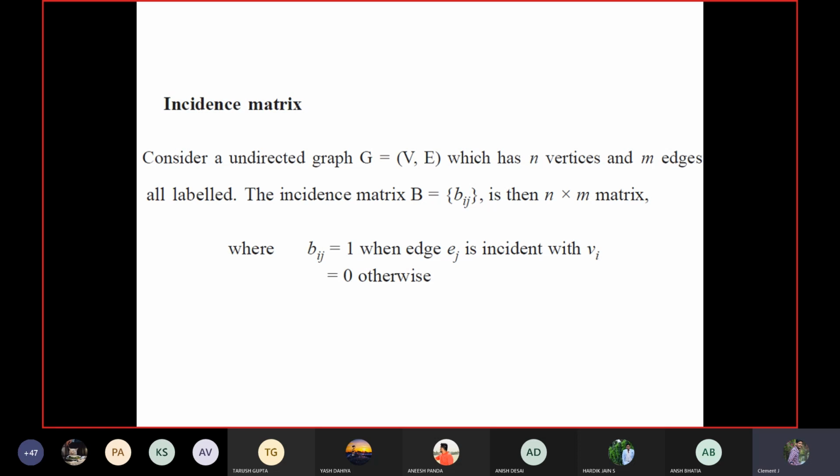Already you have gone through that. Number of edges connected to a vertex, yes, that is correct. What is the name of that? Degree. Very good.